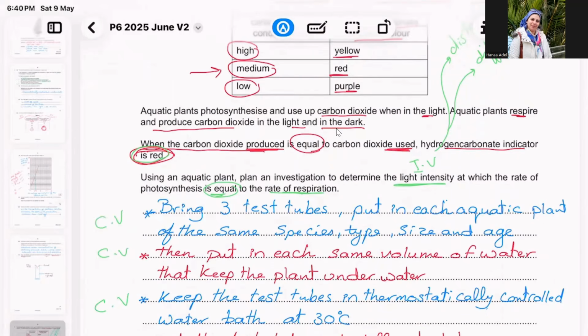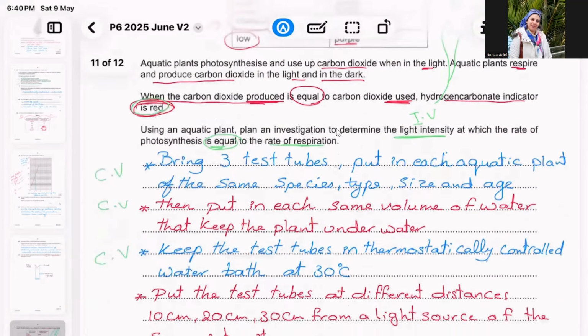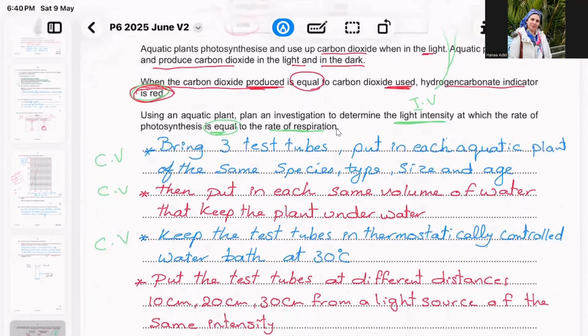Put the test tubes at different distances, 10 centimeters, 20 centimeters, 30 centimeters from a light source of the same intensity. So we have just one factor, which is the distance. So we consider this point the independent variable. And when we explain this investigation, we have to keep the temperature constant, so we said 30 degrees Celsius.